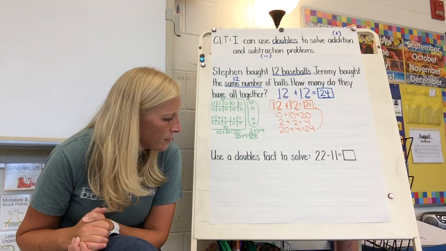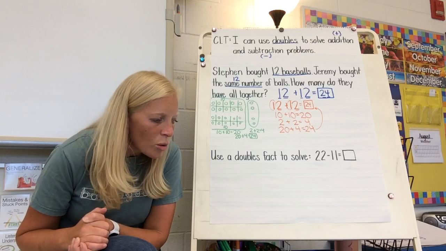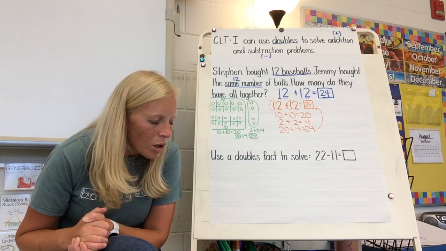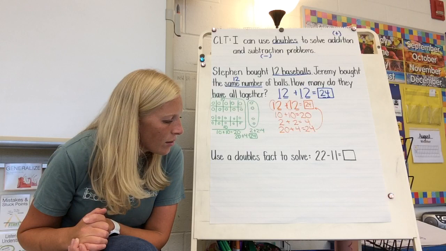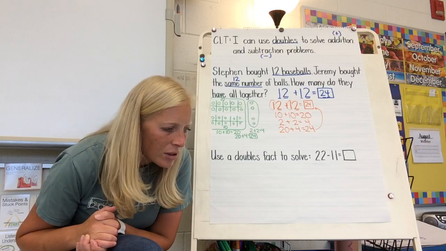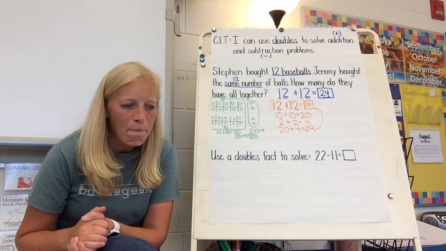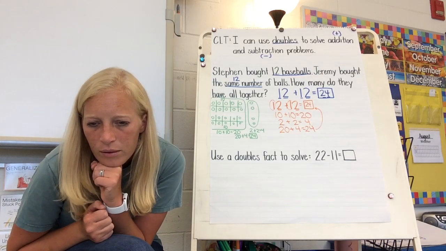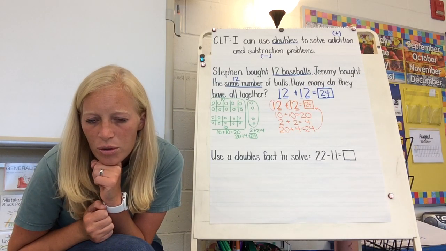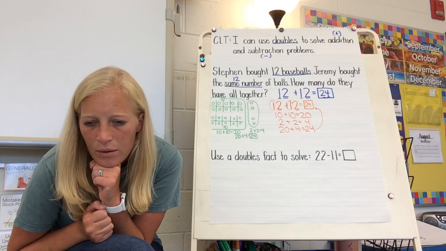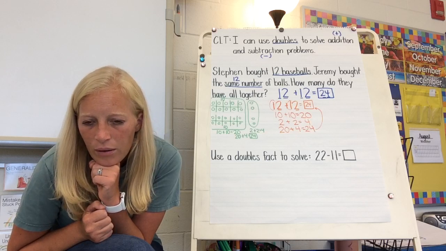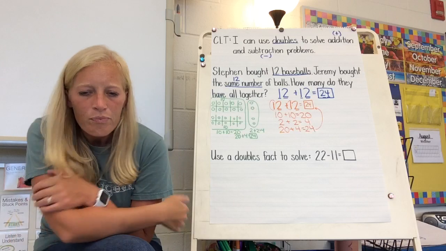A good model. Where's your 22? Where's the 11 you took away? And how many's left? Ooh, okay. What should we use to represent? Okay.